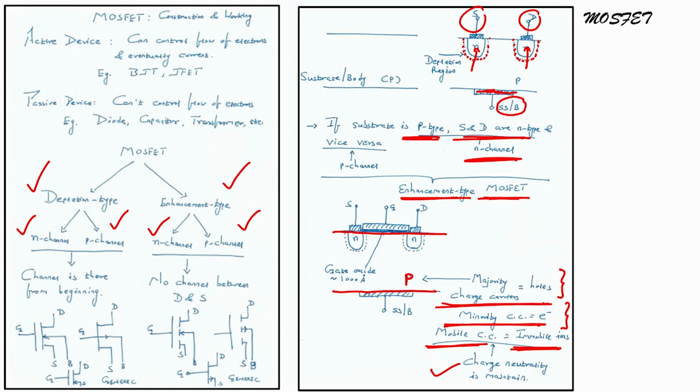Now, you have the source, the drain, a connection for source, a connection for drain, a connection for gate, and a connection for your base or substrate. You can see here the gate oxide is only 100 nanometer, 1000 angstrom.